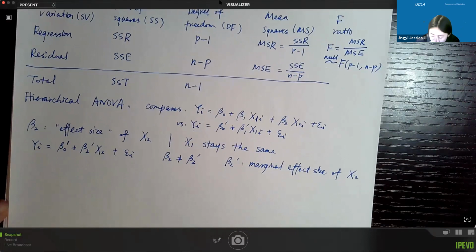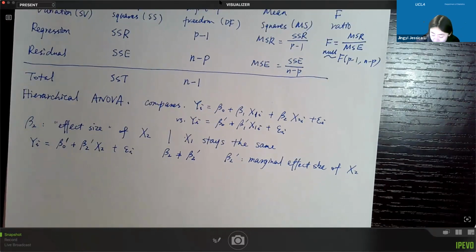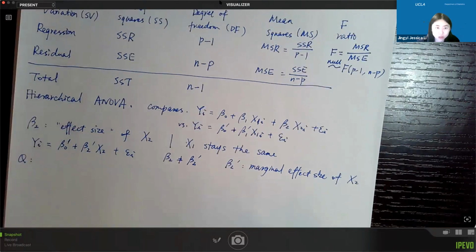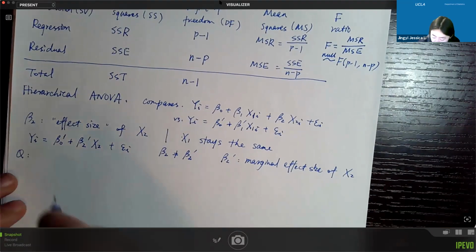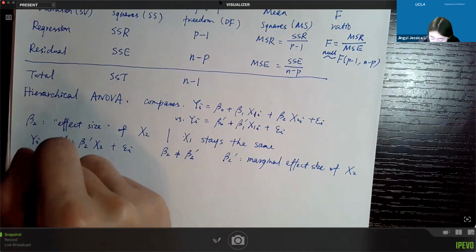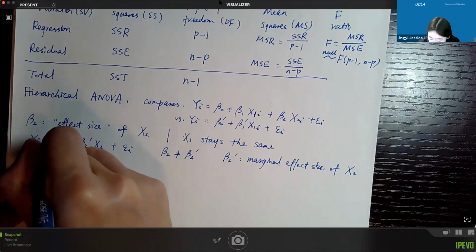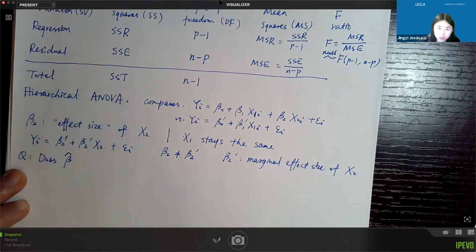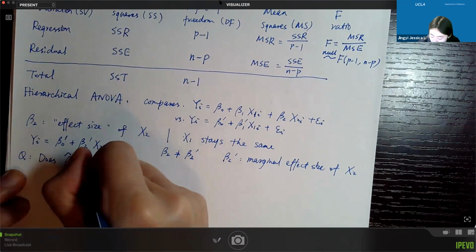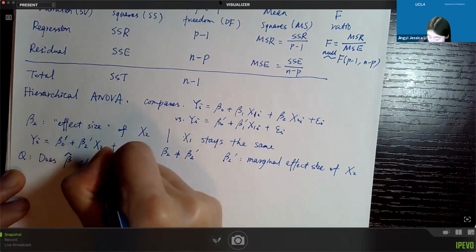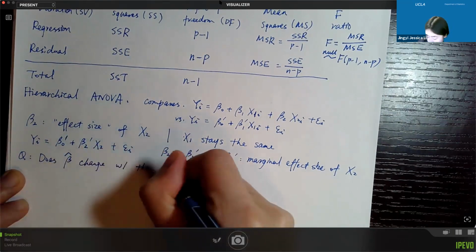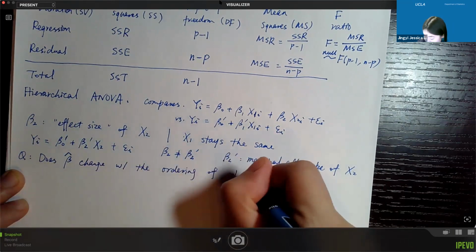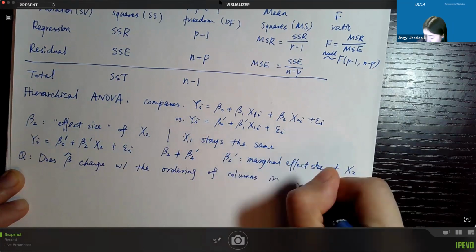And one more thing I want to ask you as a question: let's say I'm doing ordinary least squares. Does my beta hat, the p-dimensional OLS estimate, change with the ordering of columns in my design matrix?